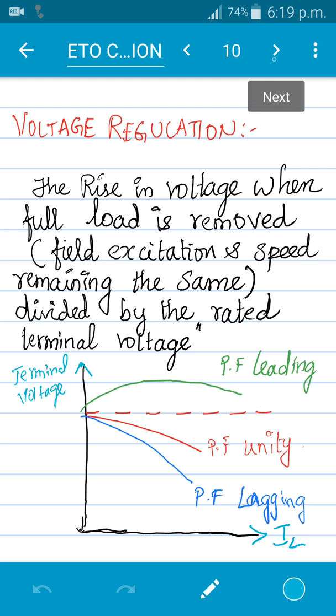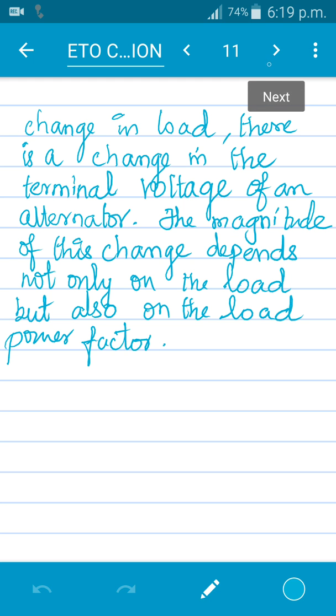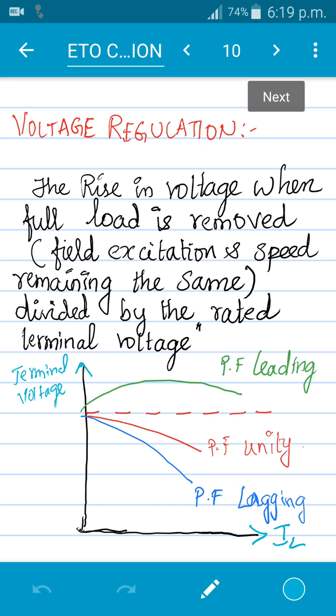So voltage regulation: you can say it is the rise in voltage when the full load is removed, with field excitation and speed remaining the same, divided by the rated terminal voltage.